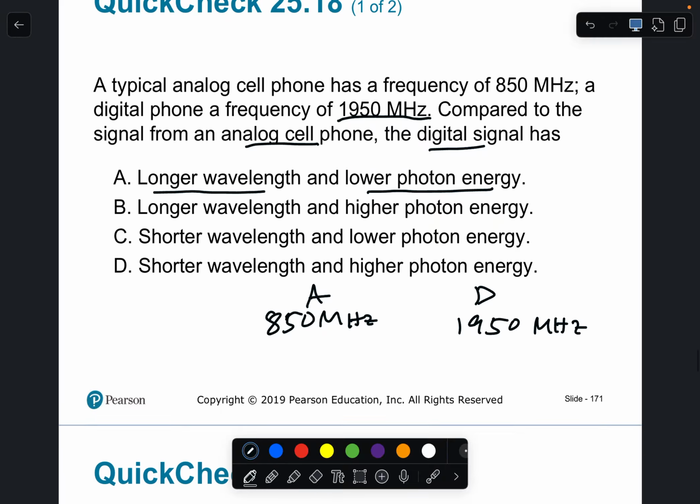To look at the wavelength, we're going to use c equals lambda f. The higher the f, the lower the wavelength, because they both need to be multiplied together to make c. So if f goes up, then wavelength must go down. So the higher frequency will have the lower wavelength.